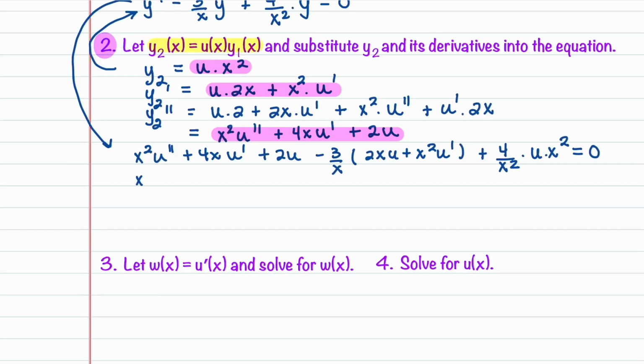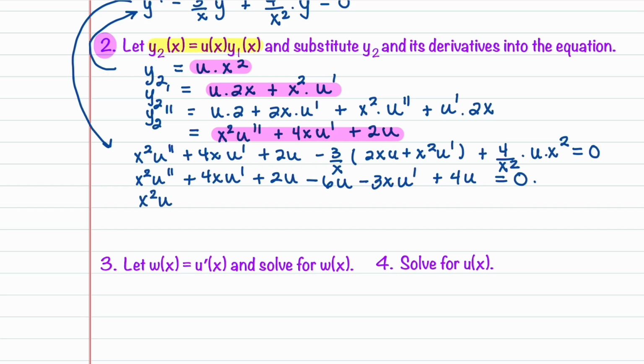Now let's go ahead and simplify. This gives us x squared u double prime plus 4x u prime plus 2u minus 6u, the x's cancel out, minus 3x u prime plus 4u is equal to 0. Now let's combine everything. We have an x squared u double prime.